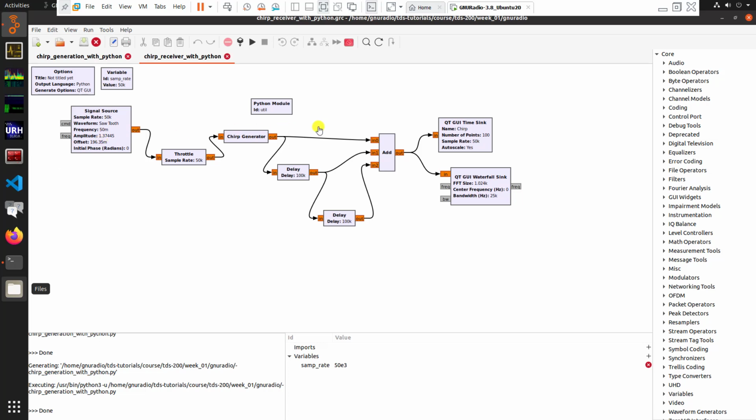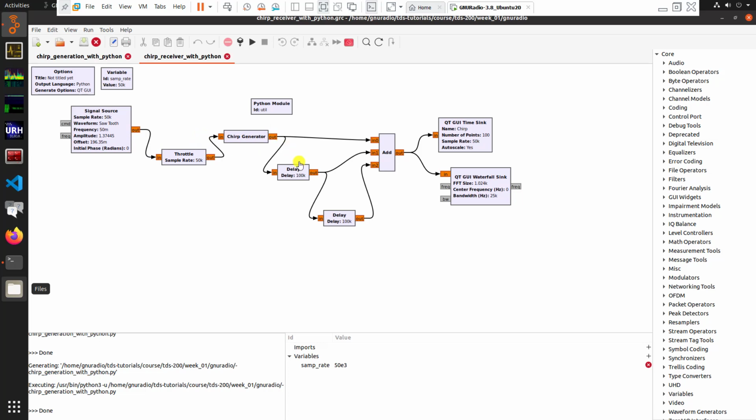So again, this here is the generation of the chirp. This will be our simulation of the objects, and then this is going to be our analysis, being able to look at the data.